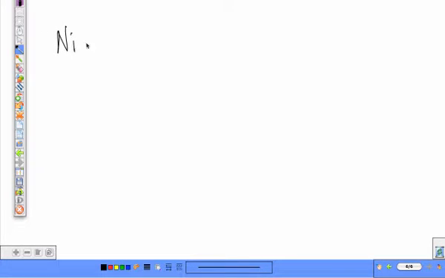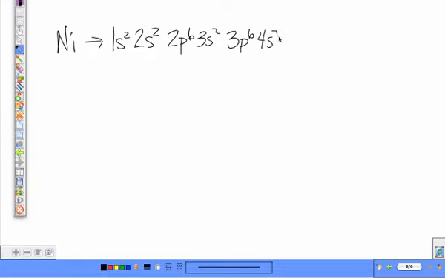Nickel. 1s2, 2s2, then what? 2p6, 3s2, 3p6, 4s2. Eight. Yep. I wrote down 8.